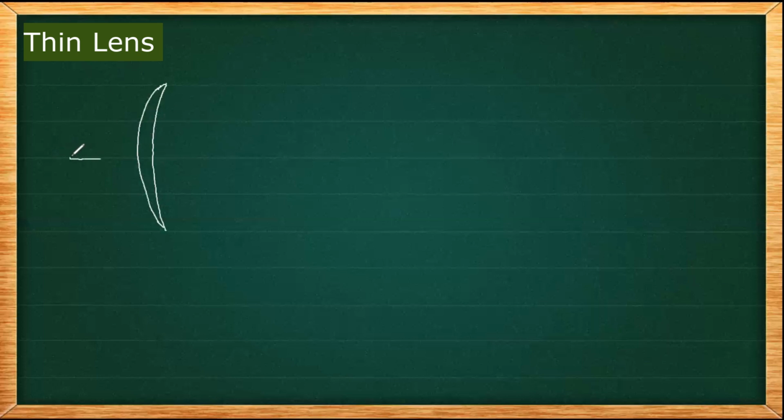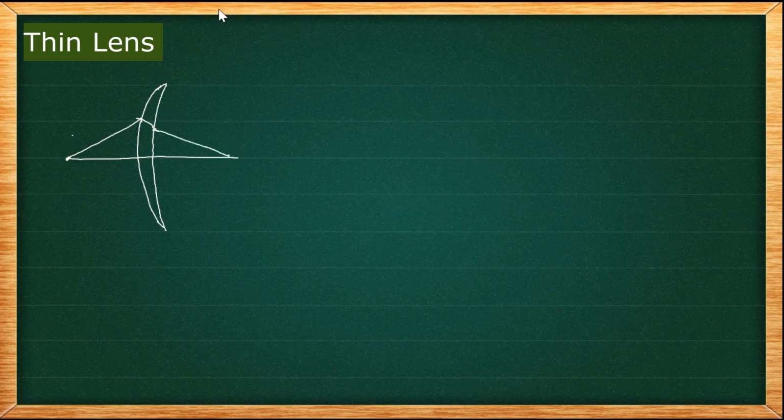If we have an object here, or if we have an incident ray here, it will be incident on one surface S1, and then proceed to the second surface.